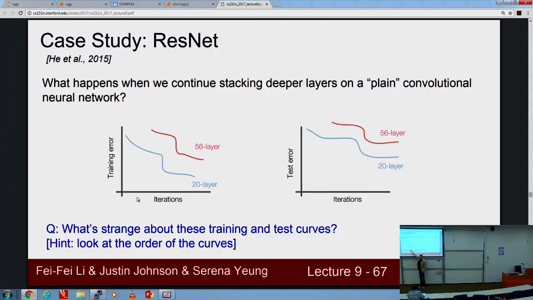That's stupid, because obviously the 56-layer network should do better. I mean, at the very least, the 56-layer network can converge 36 of its layers to identity, and then the other 20 would do as well as the 20-layer network.